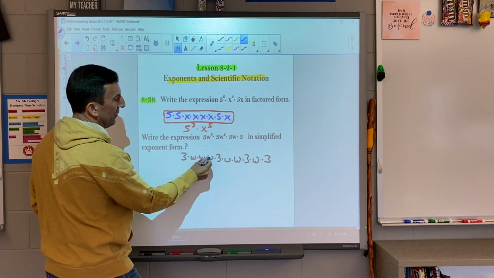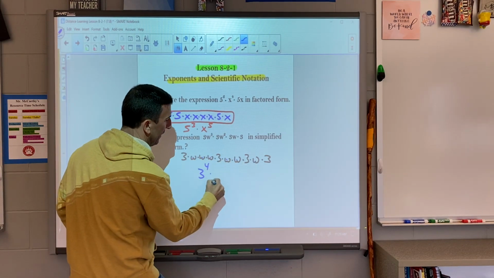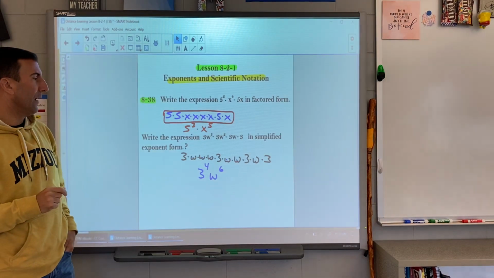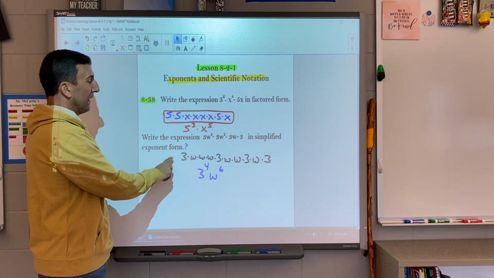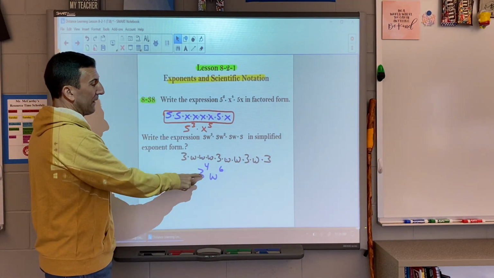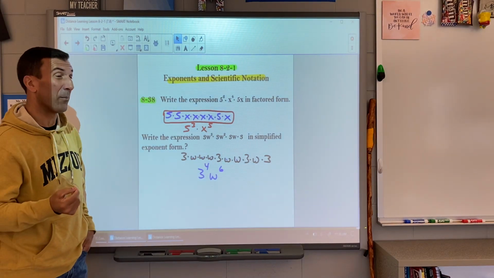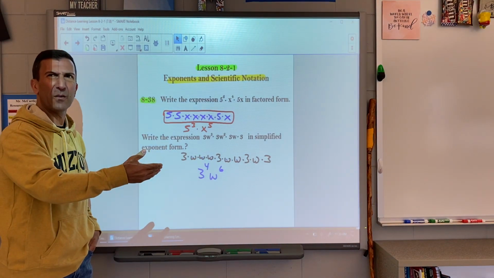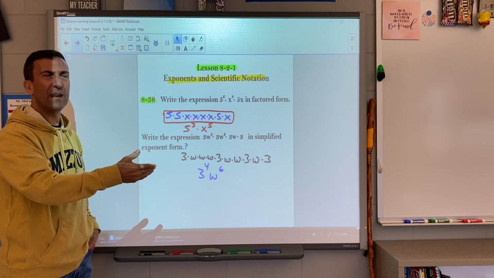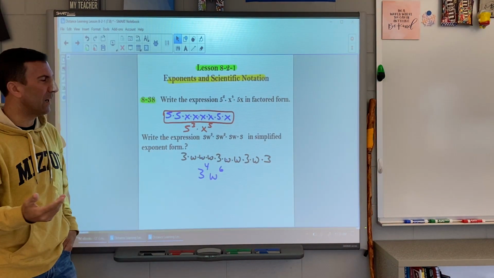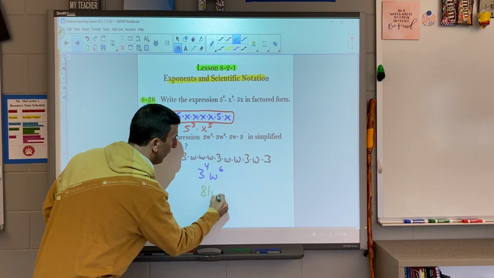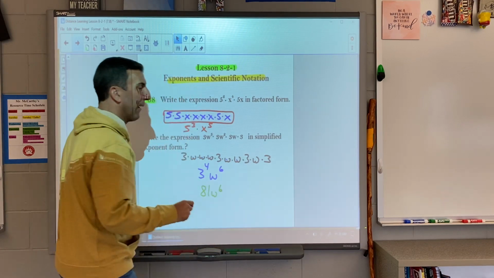And we have 1, 2, 3, 4, 5, 6 w's, or w to the 6th power. Now, we could take it another step further. Even though they wanted exponent form, 3 to the 4th power is 3 times 3 is 9 times 3 is 27, which is then 81. Didn't we just do this one? So if we took it a step further, we have 81w to the 6th power.